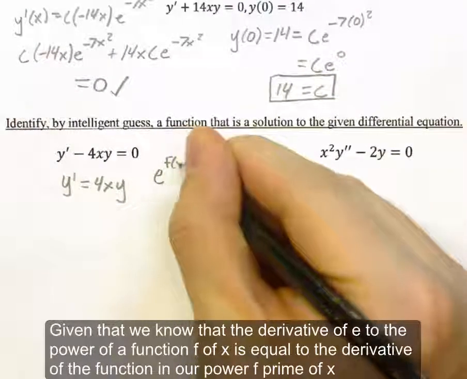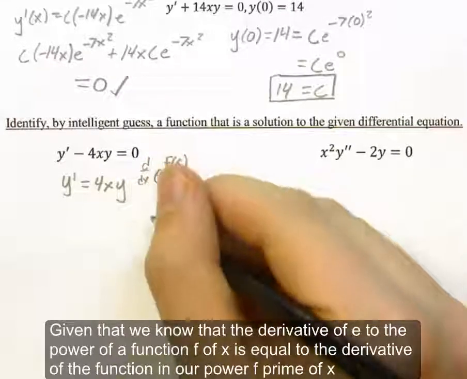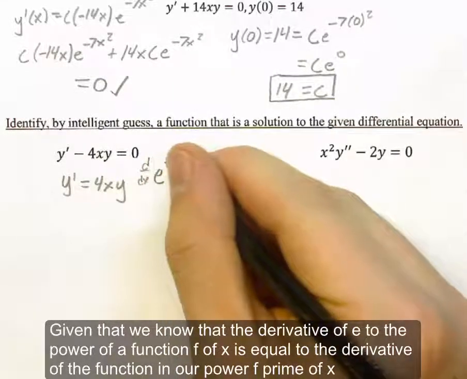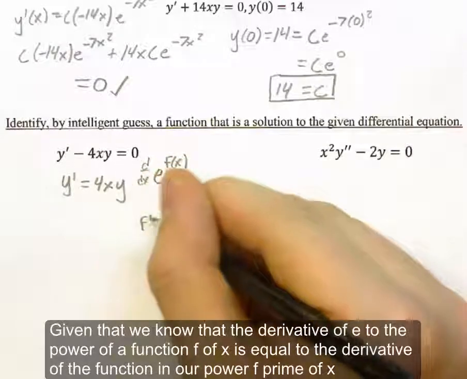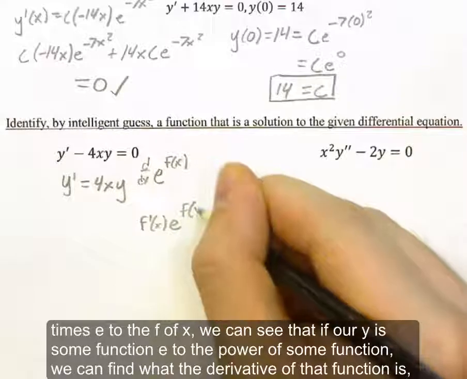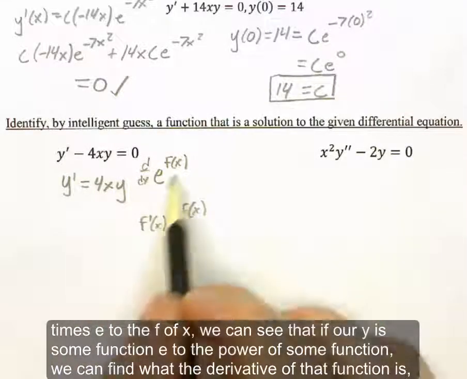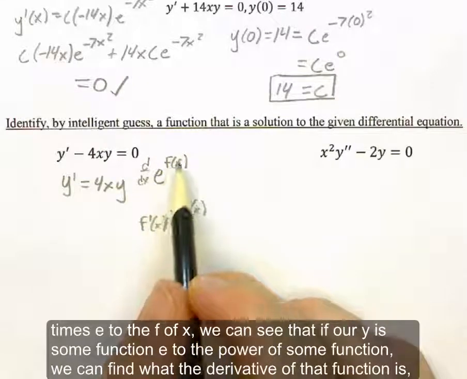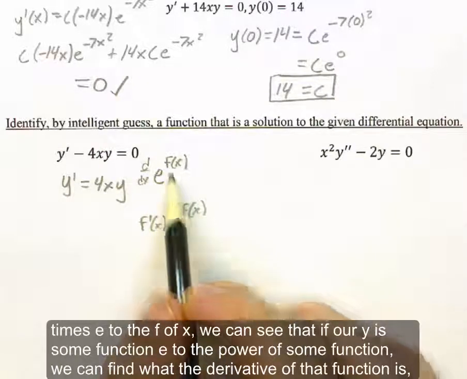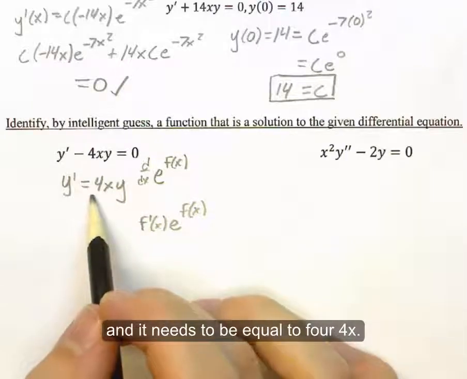Given that we know that the derivative of e to the power of a function f of x is equal to the derivative of the function in our power, f prime of x, times e to the f of x, we can see that if our y is e to the power of some function, we can find what the derivative of that function is, and it needs to be equal to 4x.